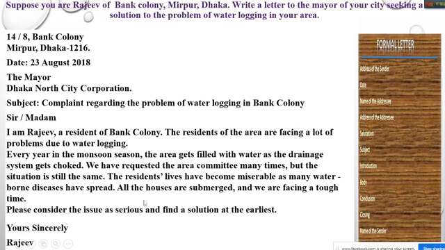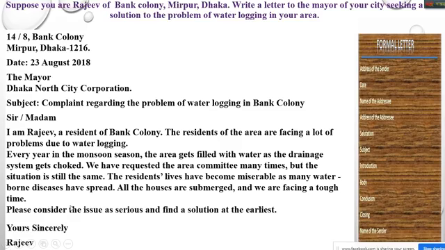All the houses are submerged, and we are facing a tough time. Please consider the issue as serious and find a solution at the earliest. And finally, the conclusion is over, and then the closing. This is the closing, and then it is the name of the sender.